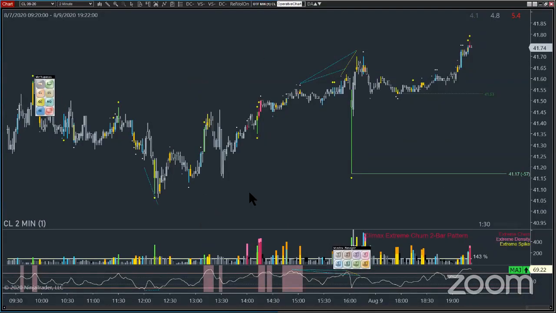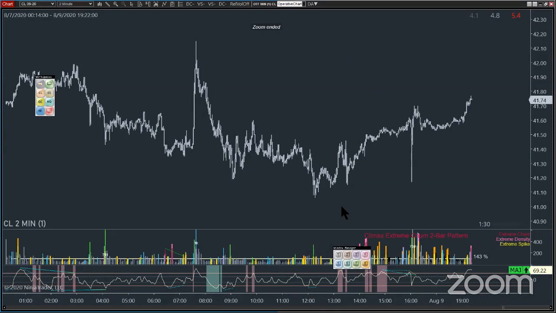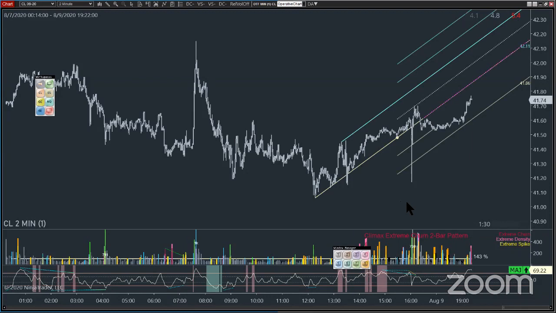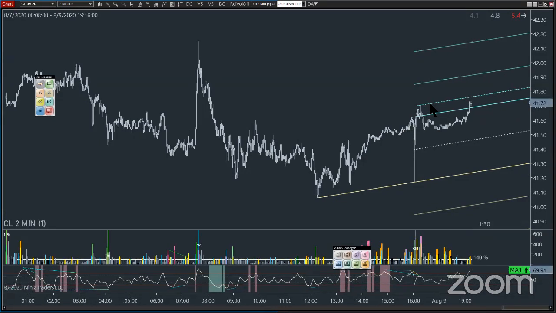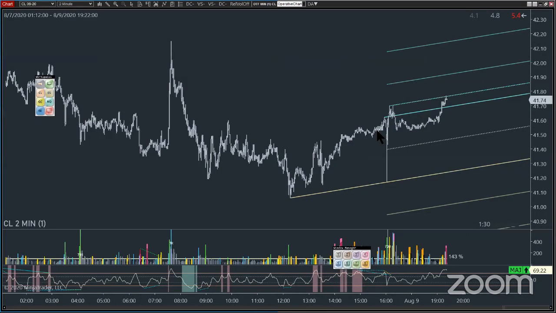You sure have red stripes all over the place. Yeah, look at that. So you broke through the top of the channel, and then this is the parallel from the top of the breakout, and that's what you're up against now.